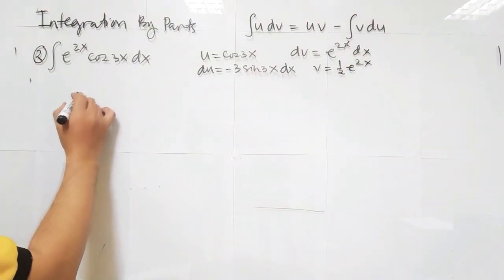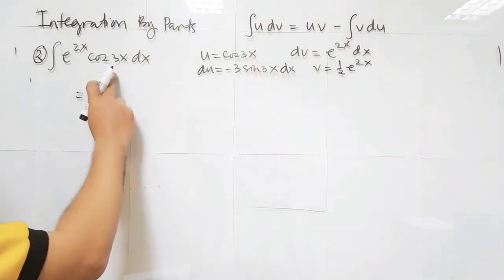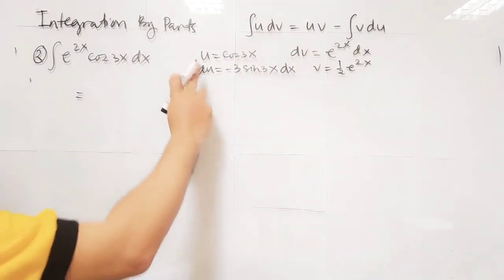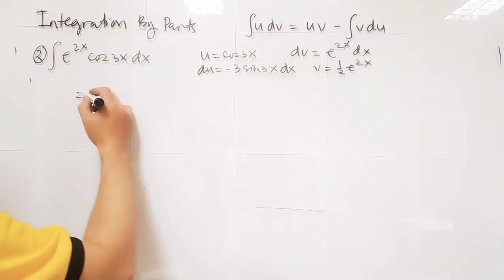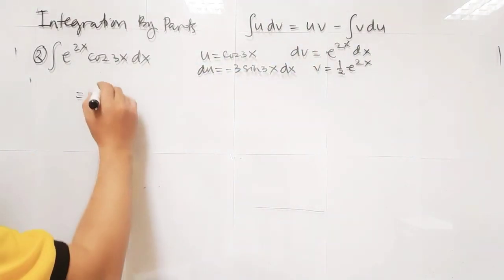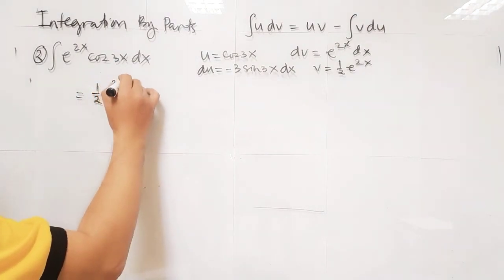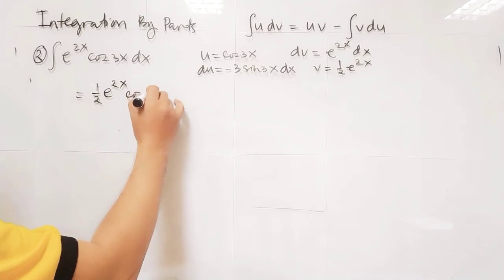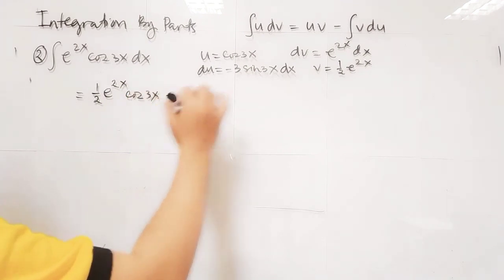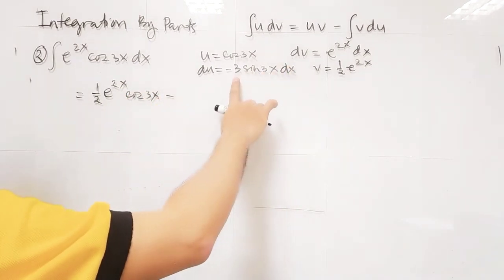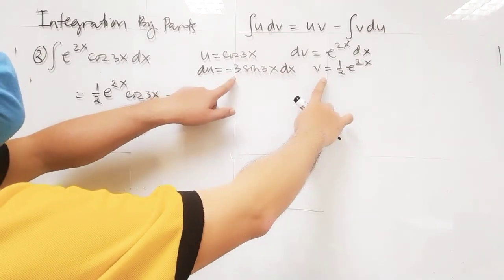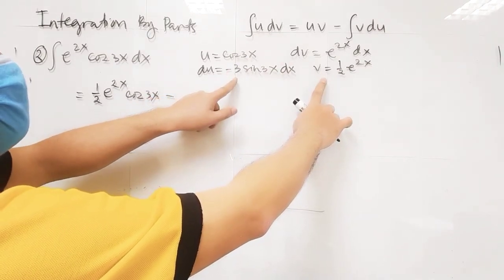So that when we integrate this one, the integral of u dv equals uv, so u times v, that is 1 half e 2x cosine 3x, minus the integral of v du. So this is negative.